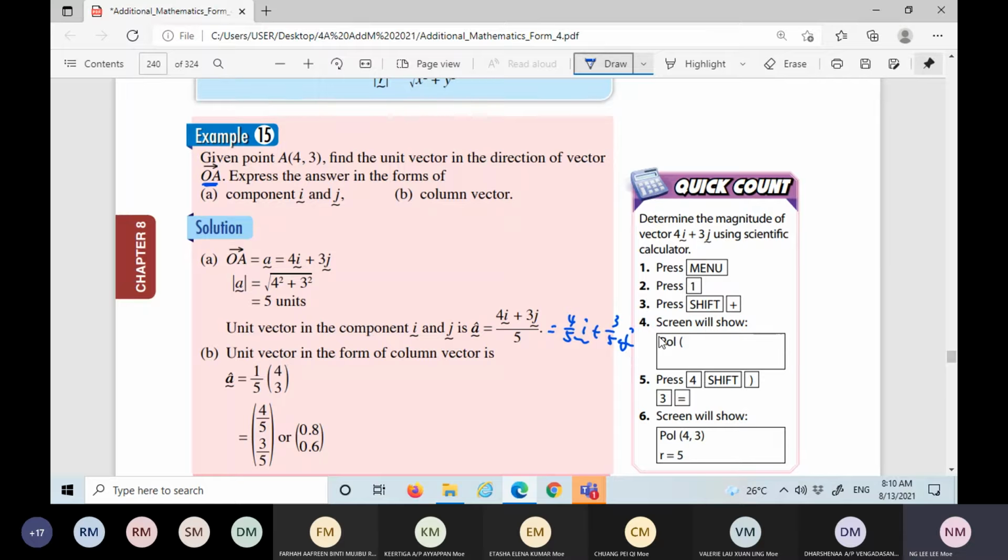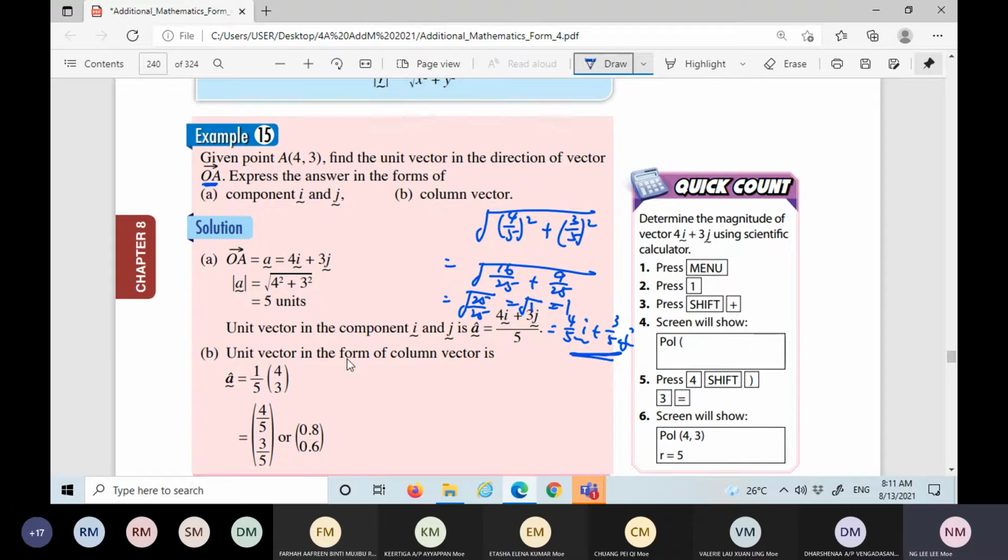Now we want to test whether this is really a unit vector, meaning whether the magnitude is 1. Let us try: 4 over 5 squared plus 3 over 5 squared, 16 over 25 plus 9 over 25, is 25 over 25. So it's 1, it's proven. This is a unit vector, and the magnitude is 1.